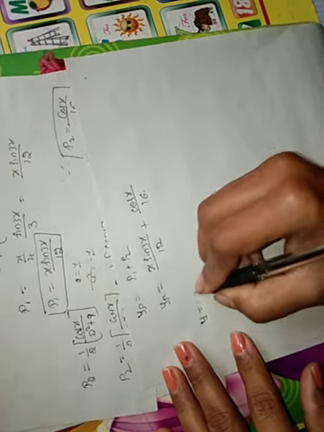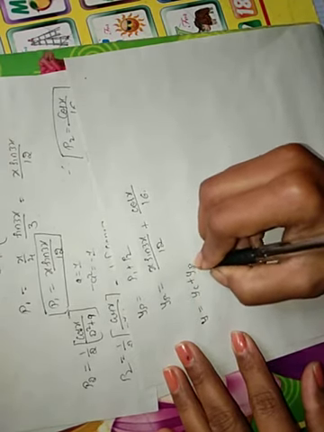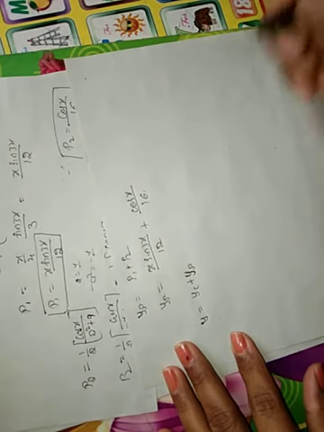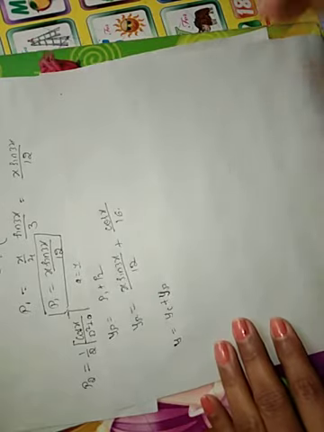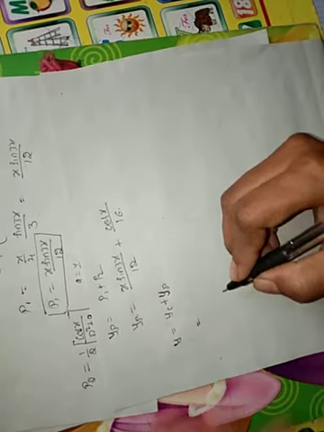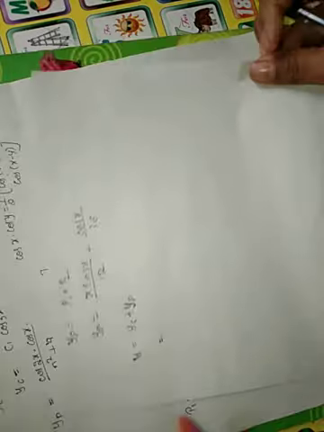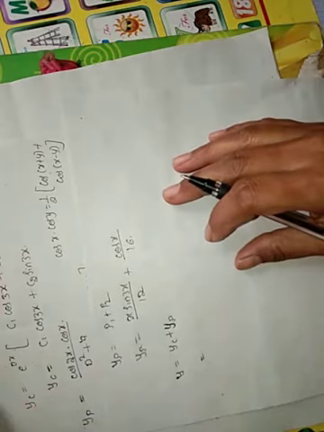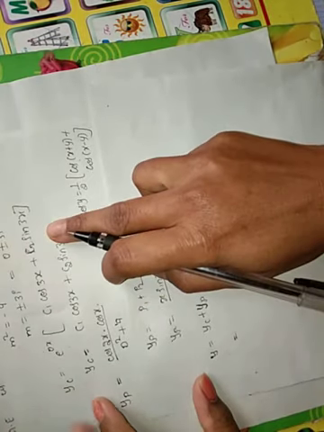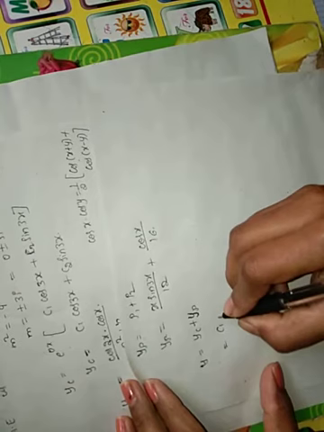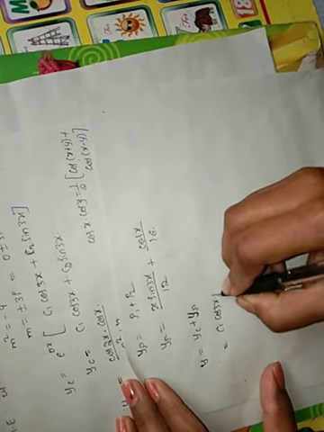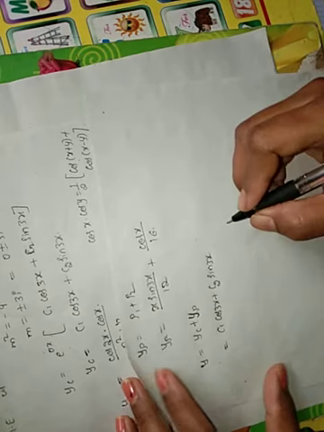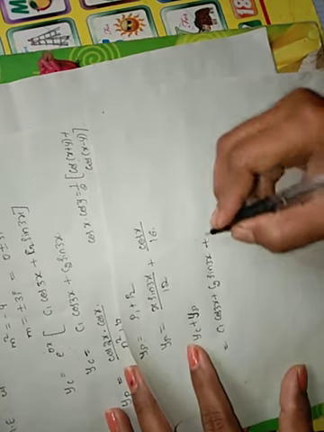So now our general solution is yc plus yp. So write down the complementary function first. So our complementary function is yc is equal to c1 cos 3x plus c2 sin 3x, plus particular integral.